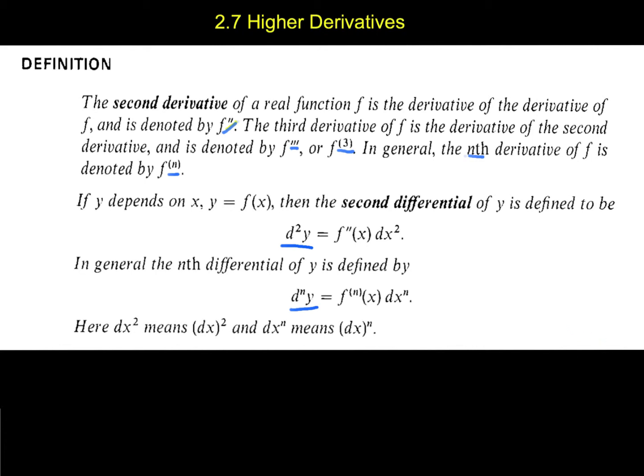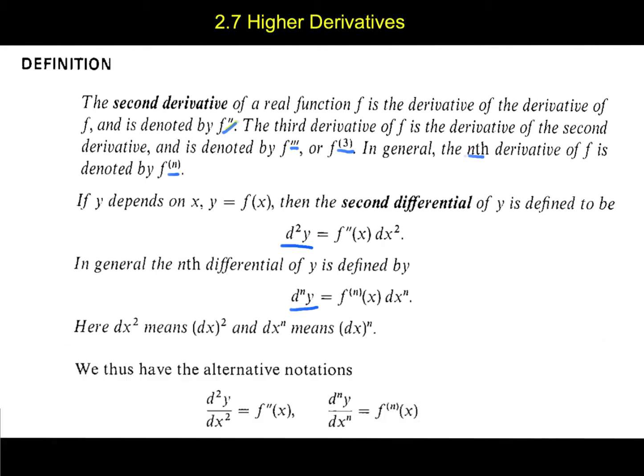And this gives some nice notation, comparing the Leibniz notation to the Newtonian notation: if I talk about the second derivative of f, I could write it this way, d squared y over dx squared. And when I talk about the nth derivative, I can denote it by d to the n y over dx to the n.